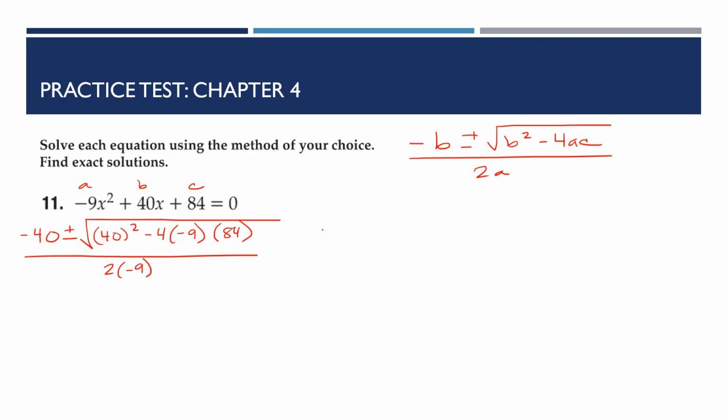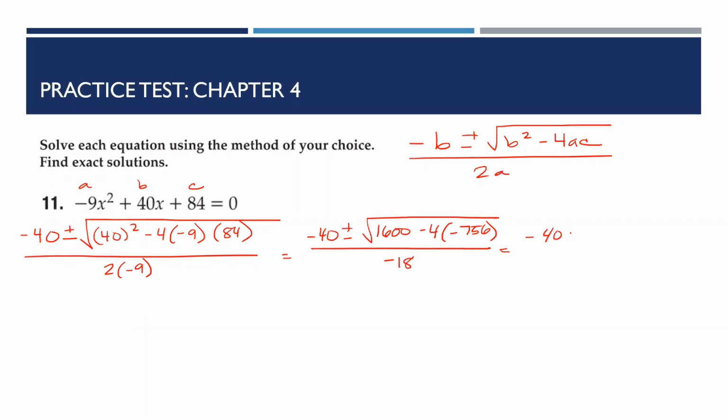And remember, you can definitely be using your calculator for this exam, okay? So we've got negative 40 plus or minus, and then 40 squared is going to be 1600 minus 4 times negative 756. And then 2 times negative 9 is going to be negative 18.